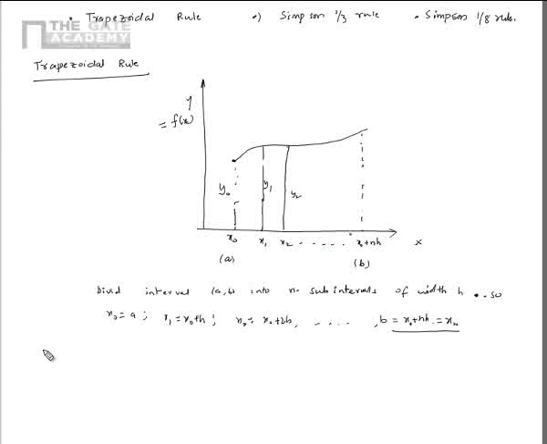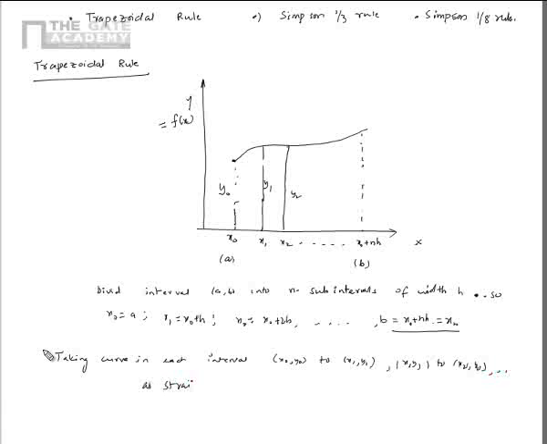So this trapezoidal method, the idea is very simple. What it says is taking the curve in each interval, x0 y0 to x1 y1 is the first interval, then x1 y1 to x2 y2, and so on, taking them to be a straight line.